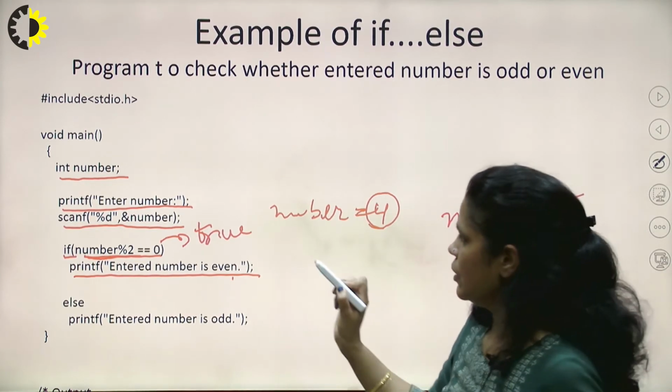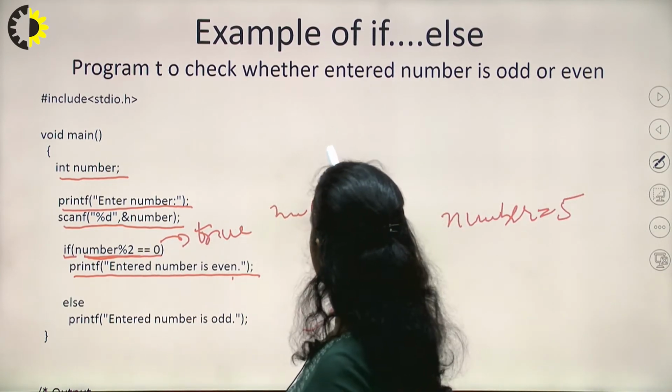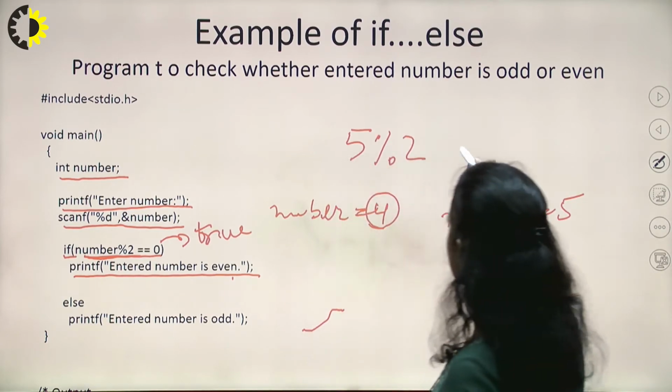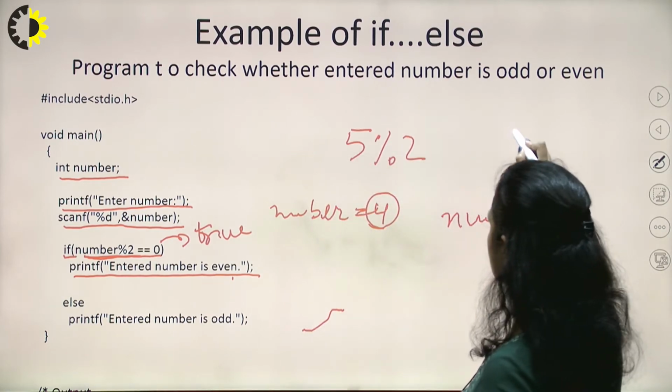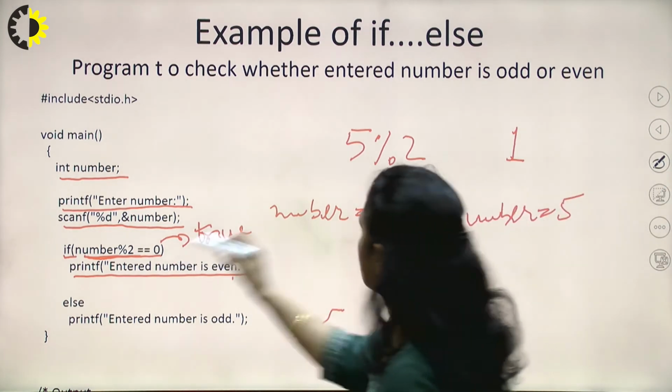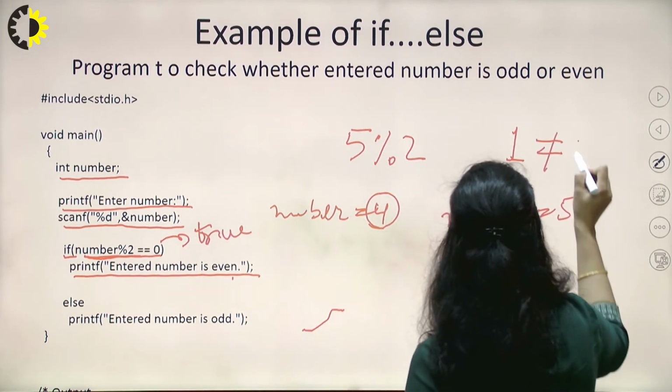What will happen if this number is equal to 5? Right. When we take 5 modulus 2, what will it give? It will give us 1. That is not equal to 0.